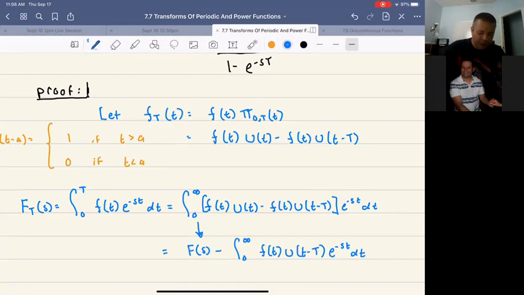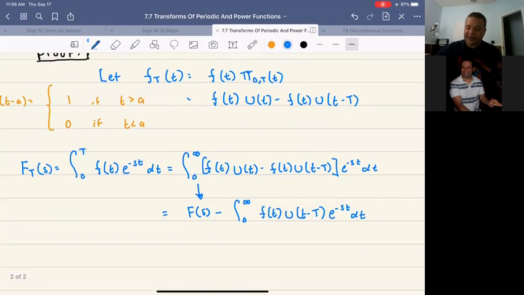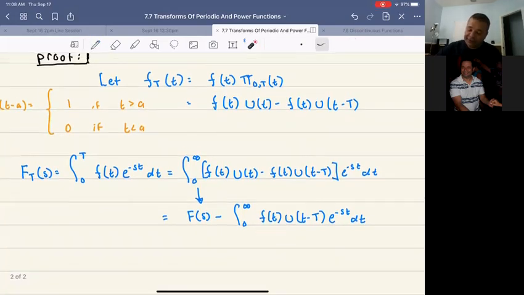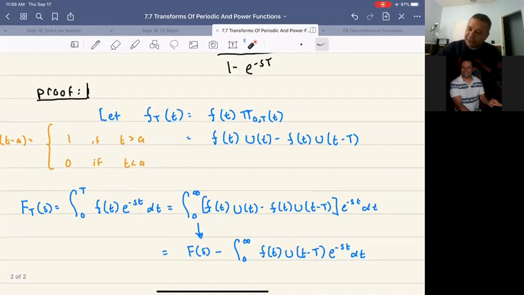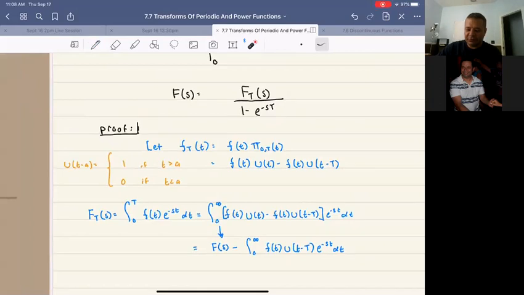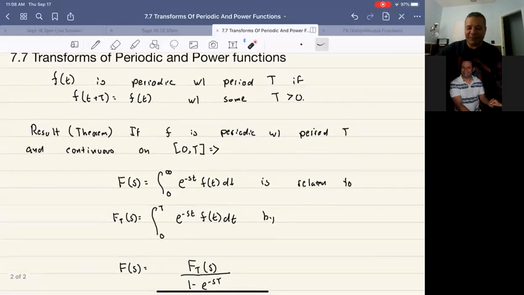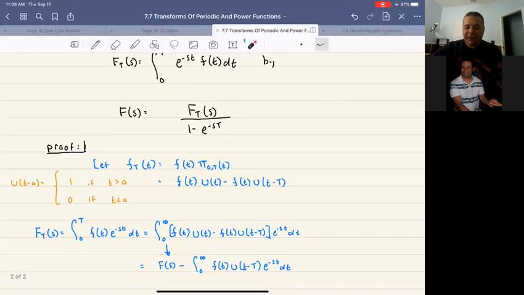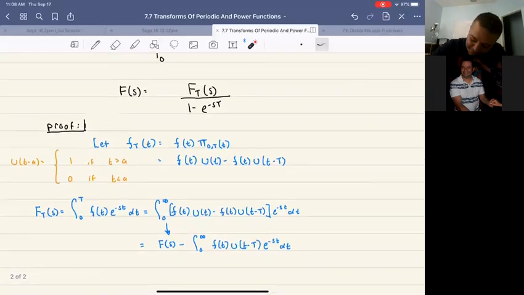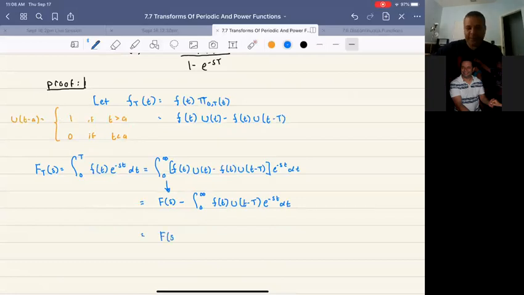Since f is periodic with period T, I'm going to rewrite this as f of s minus the integral from 0 to infinity of f of t minus T, because it's the same as f of t, times u of t minus T e to the negative st dt.